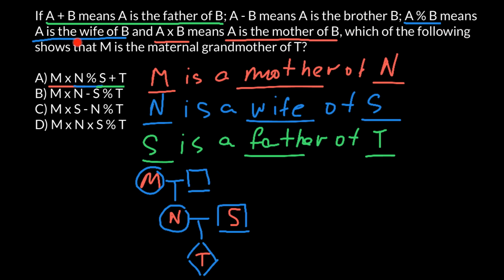Which of the following shows that m is maternal grandmother of t? We are happy today because the first answer is the correct answer. M, as you see, is the mother of n, and she is maternal grandmother of t.